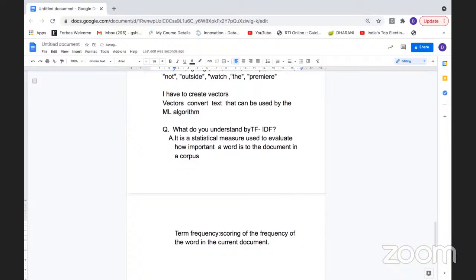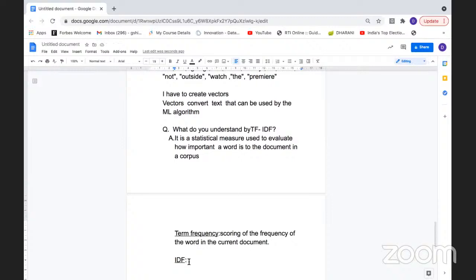Then how can you explain this IDF, inverse document frequency? This is your term frequency, and this is your inverse document frequency. What is that?